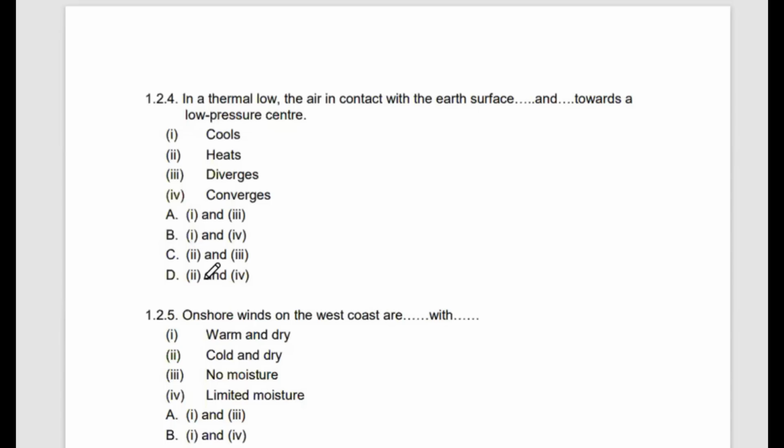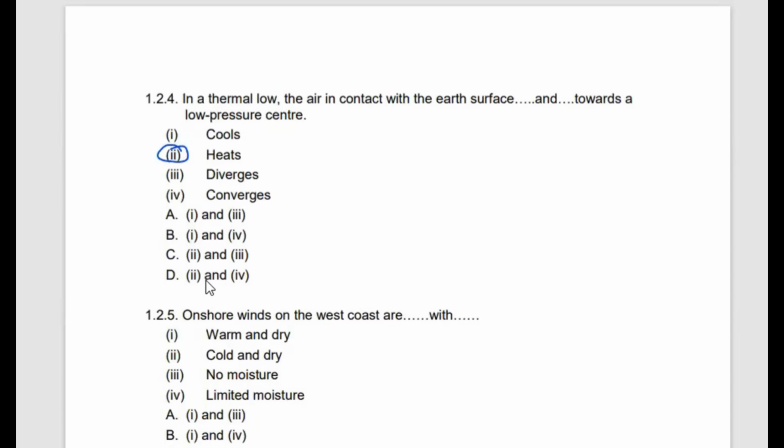So in a thermal low, the air in contact with the surface dash, the air definitely heats. The air heats, it does not cool, because we have intense heating. The air which is in contact with the surface is heated by the long wave radiation coming from the surface, because the surface is receiving insolation from the sun. So our first response here in relation to the air is the air heats.